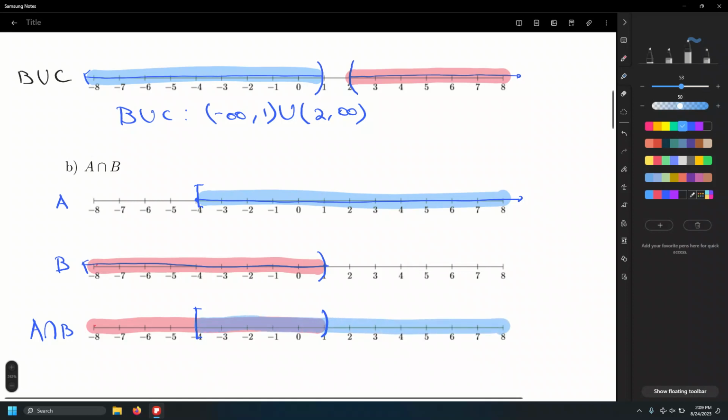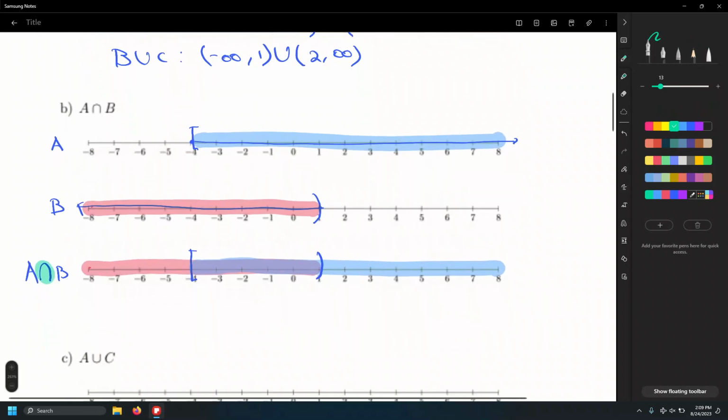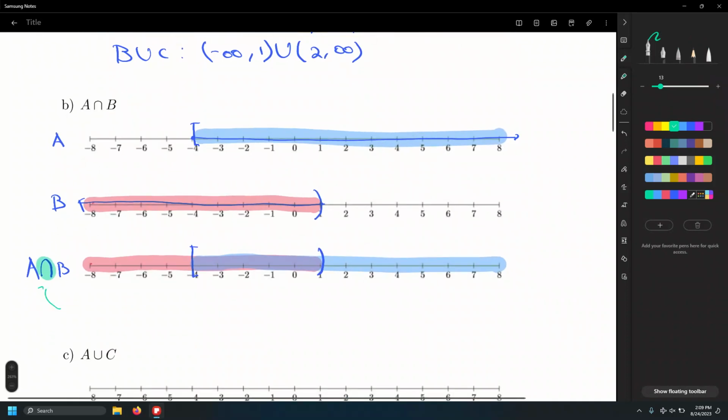Now, in this case, notice the symbol. Check this out. We're looking for this symbol right here, which means intersection.